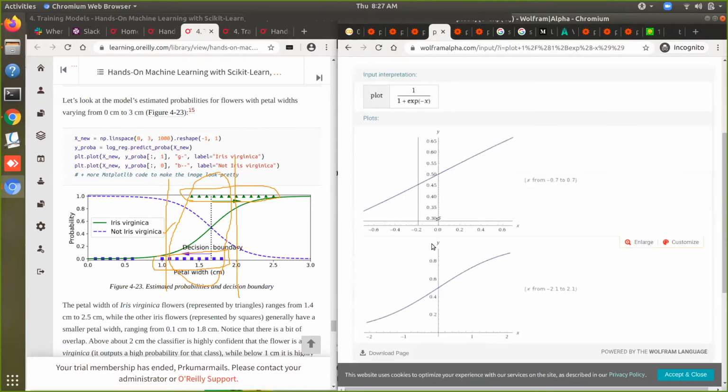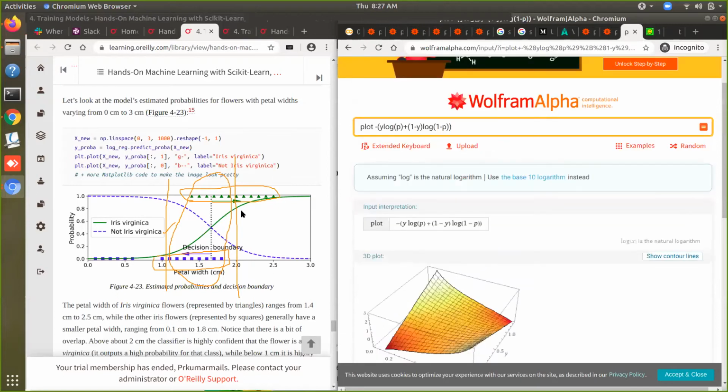The plot for our sigmoid: within some range it will be perfectly sloped, and in some places it will curve towards the end. That reflection we are seeing here is the decision making in a mixture of classes. So what is the optimal decision that, as per the business need, we have to decide?